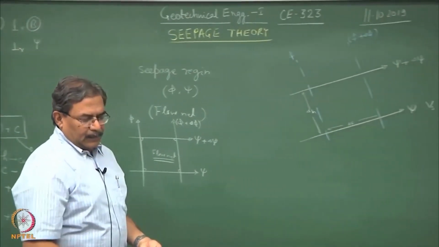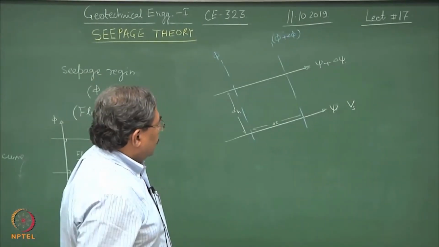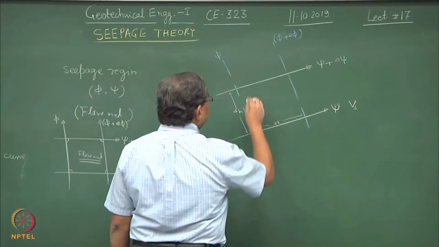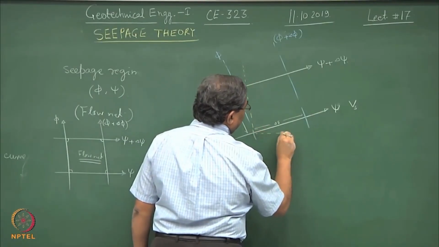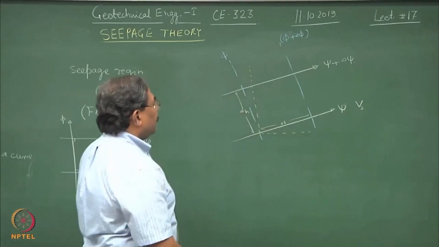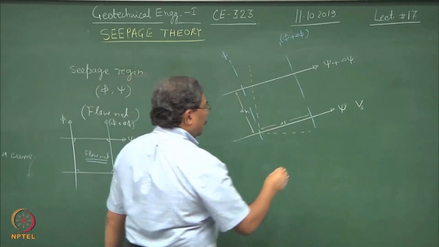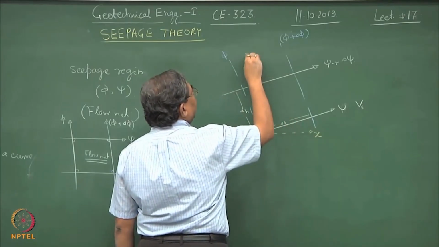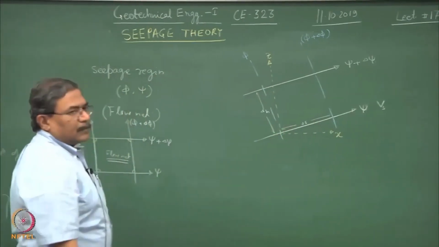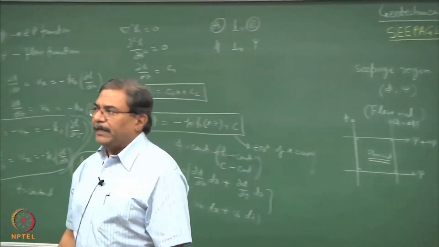Now, if I take the components of this vector in such a manner, this is x axis and this is z axis, what is known as rotation of the plane.